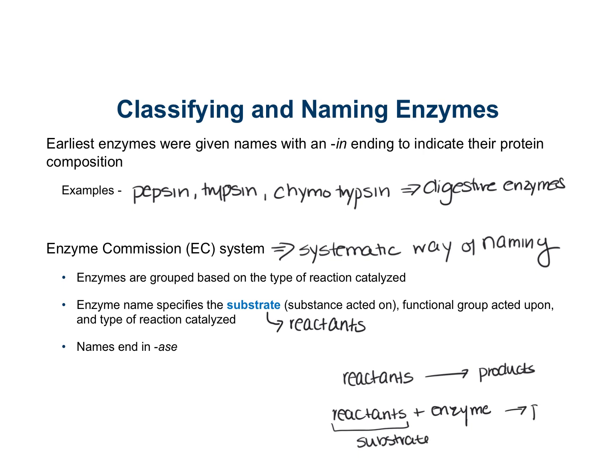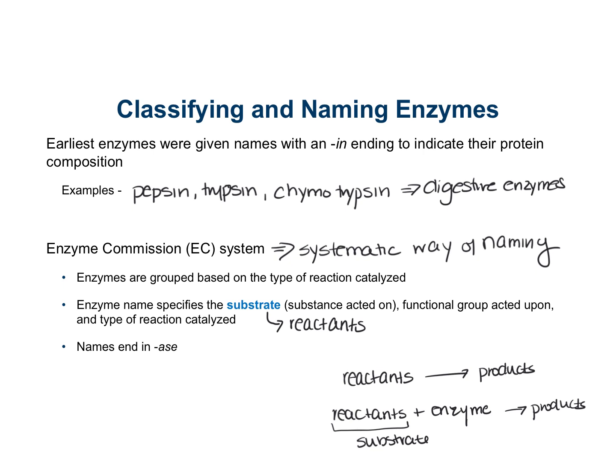And then that goes to products. Okay, so the enzyme name specifies the substrate, which is just the substance that's being acted on. On the previous slide, we had urease, and that was acting on urea. The name also specifies the functional group acted upon and the type of reaction catalyzed. And those names end in ASE.